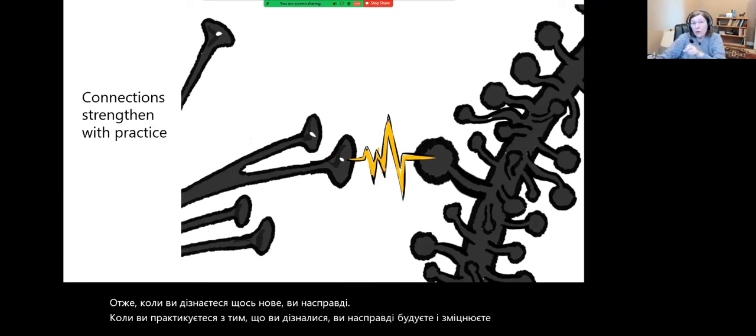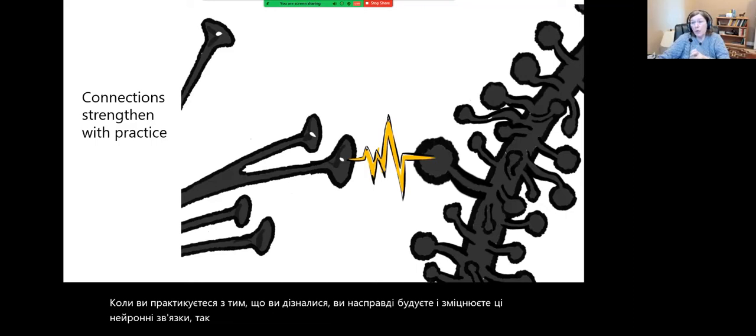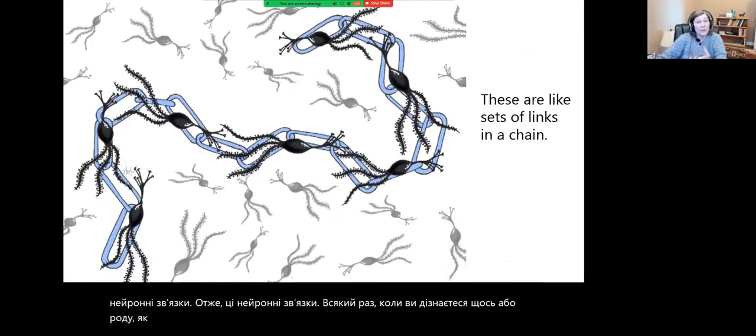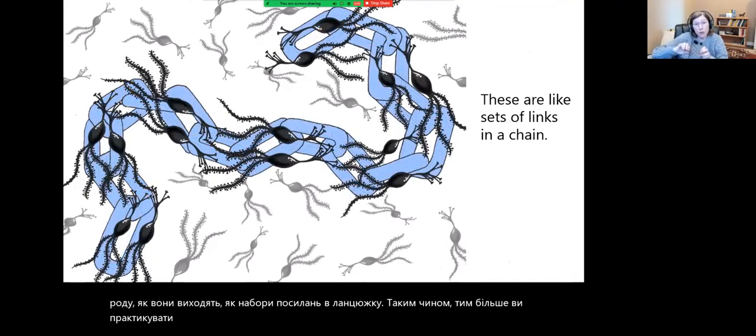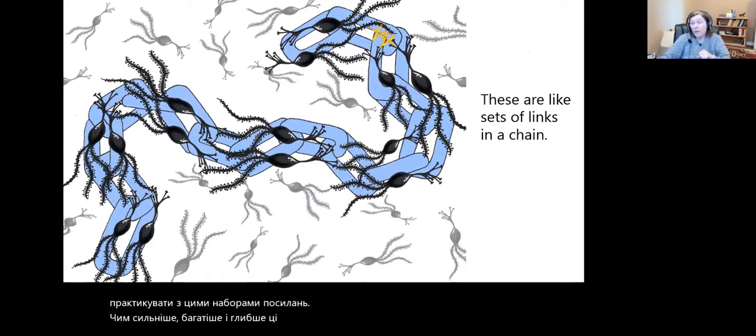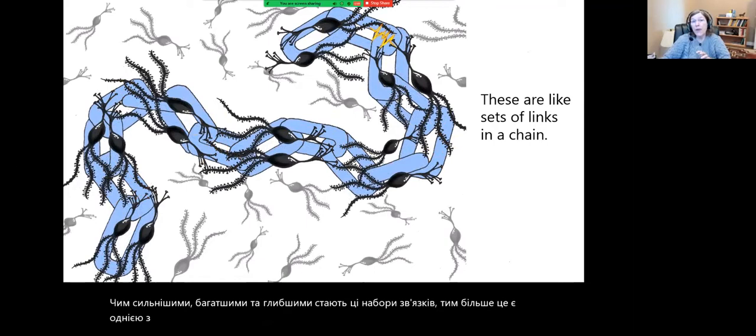Those neural connections, whenever you learn something, turn out to be like sets of links in a chain. The more you practice with those sets of links, the stronger, richer, and deeper they become. This is one of the reasons why, when you're learning something, it can be valuable to use a metaphor.